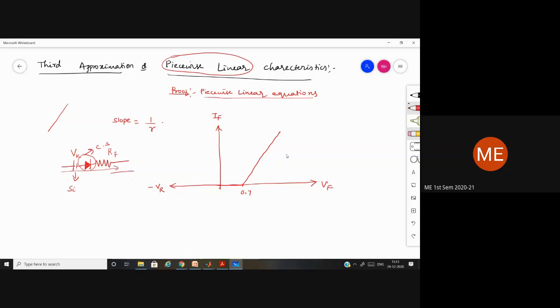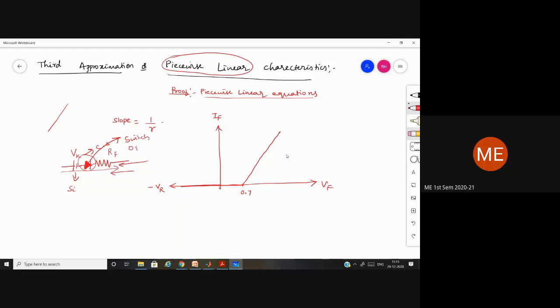But what if the current is flowing in the opposite direction? What happens to the diode under reverse bias condition, instead of passing the current like this, if you are passing the current in this direction? This is an ideal diode which is acting like a switch, no?